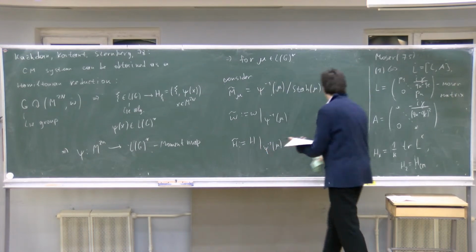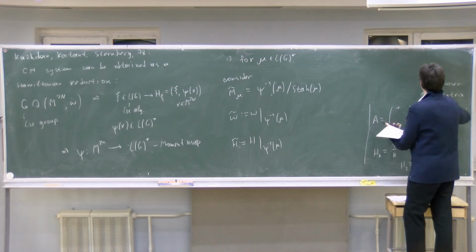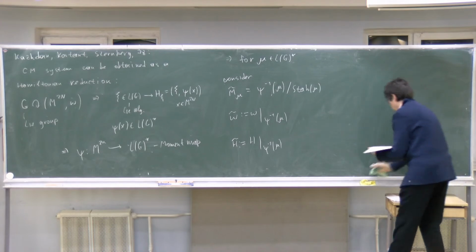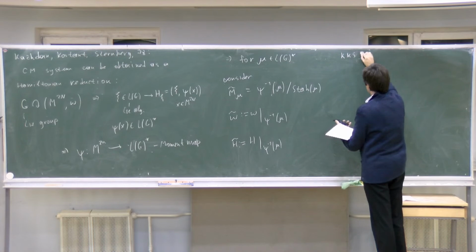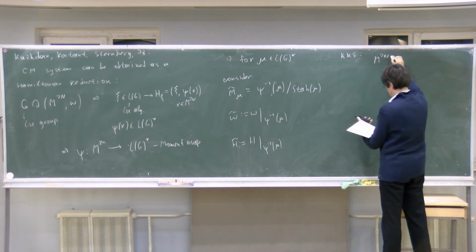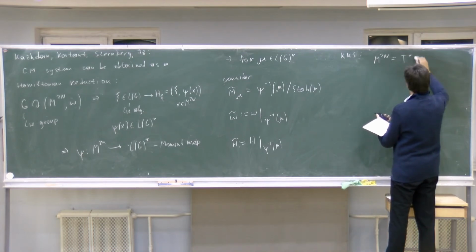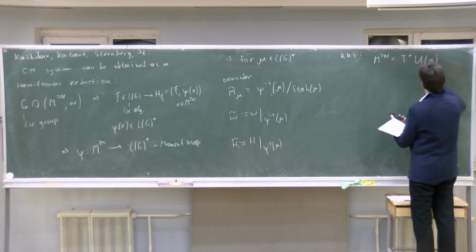And in the construction of Kirillov, Kostant, and Sternberg, we have the following picture. With KKS. We take M to be equal to the cotangent bundle of the Lie algebra u(n).